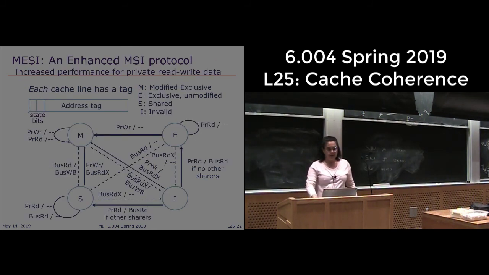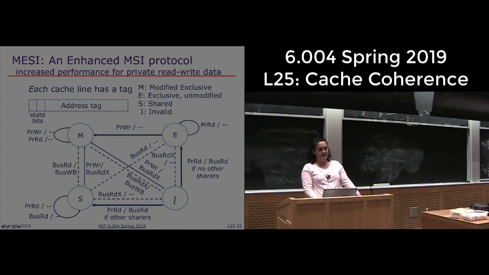So let's take a look at how our FSM changes in order to go from MSI to MESI, okay? So most of this is the same. I'm not going to go through every single arrow, but essentially if you look at the bottom left here, that's essentially our MSI protocol, okay? What's changing is that we've added one more state, which is this exclusive state.